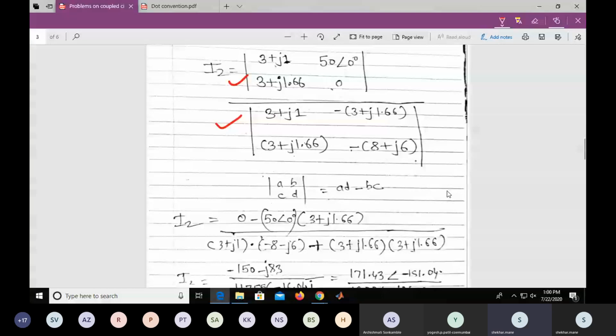Instead of minus of 8 plus J6, I have written minus 8 minus J6, and then here a negative sign is there, so negative and negative, positive. Negative into negative, you will get positive. So positive 3 plus J 1.66 into 3 plus J 1.66. So have you understood this step?